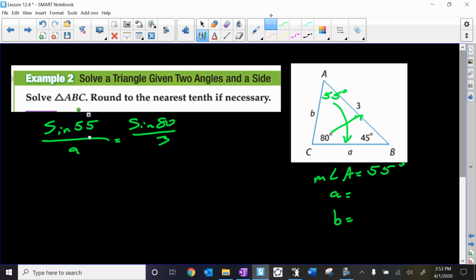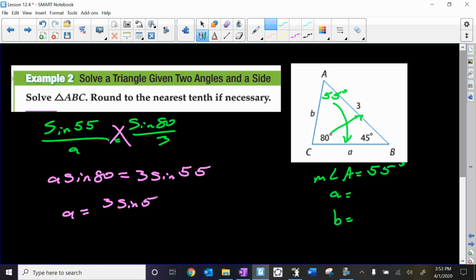To solve, we're going to cross multiply. I get A sine of 80 equals 3 sine of 55, divide by sine of 80, A equals 3 sine of 55 over sine of 80.